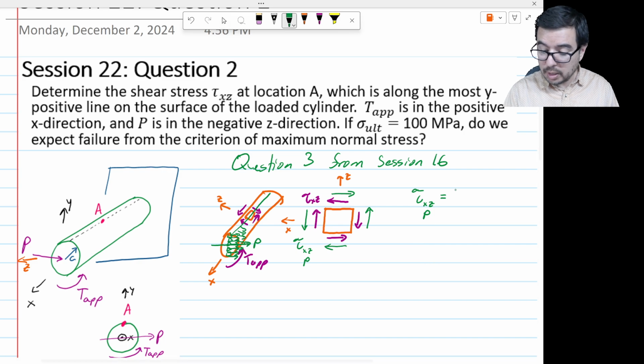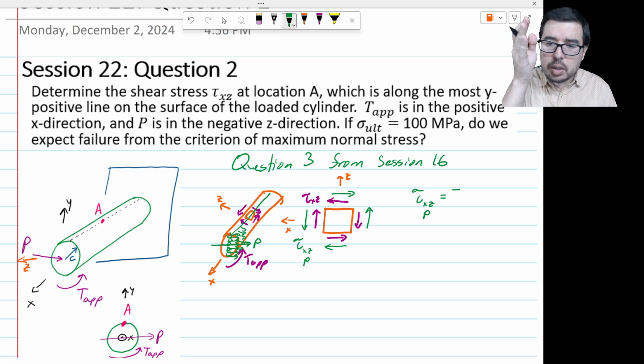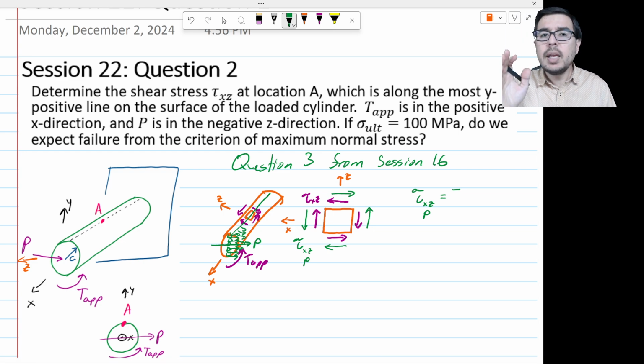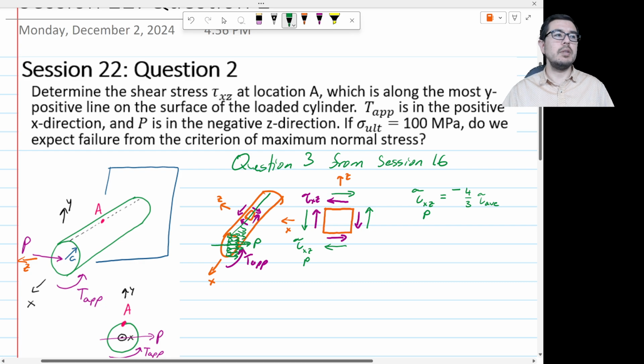And what is this value? Since it's on the neutral axis, that value is the maximum transverse shear stress. I could do the VQ over IT bit, but since this is a circular cross section, a cylinder, we can say it's minus 4/3 average shear stress, tau av.